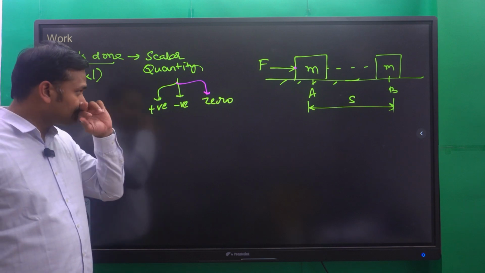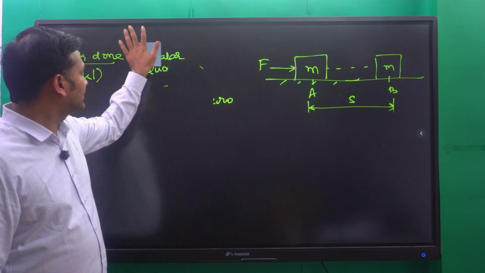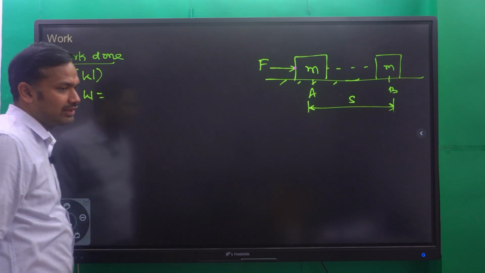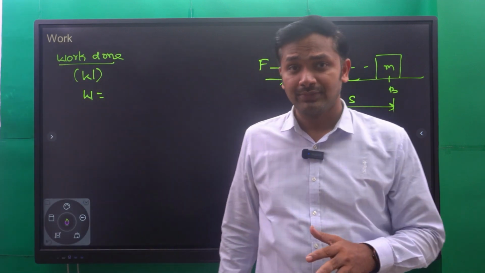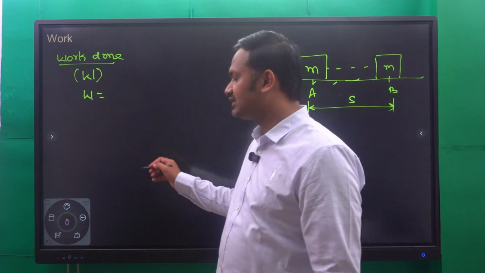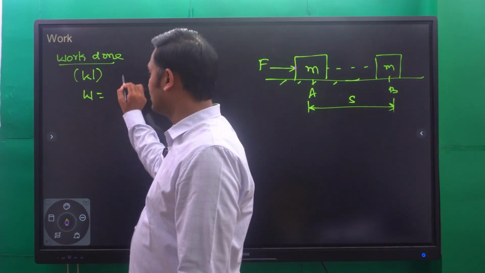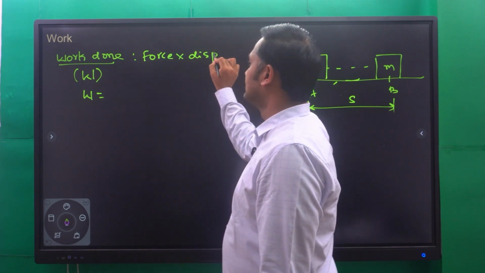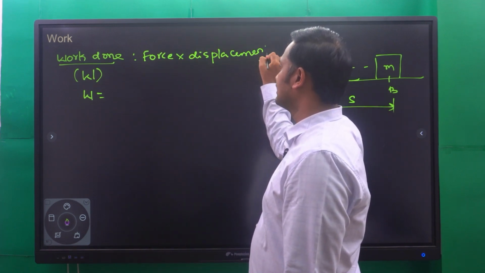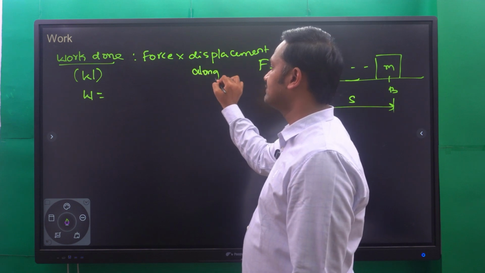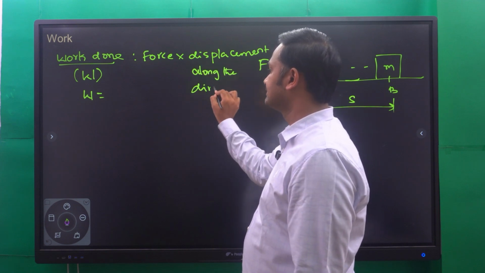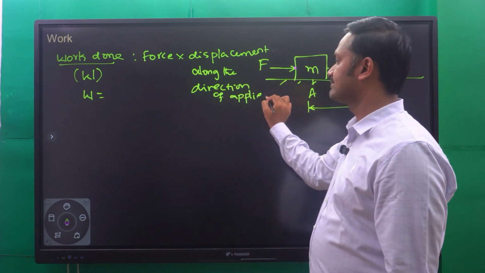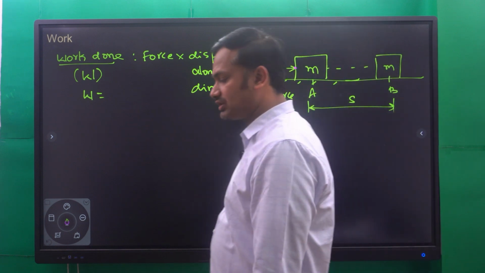What is the formula? Work done W is the product of force and displacement along the direction of the applied force.